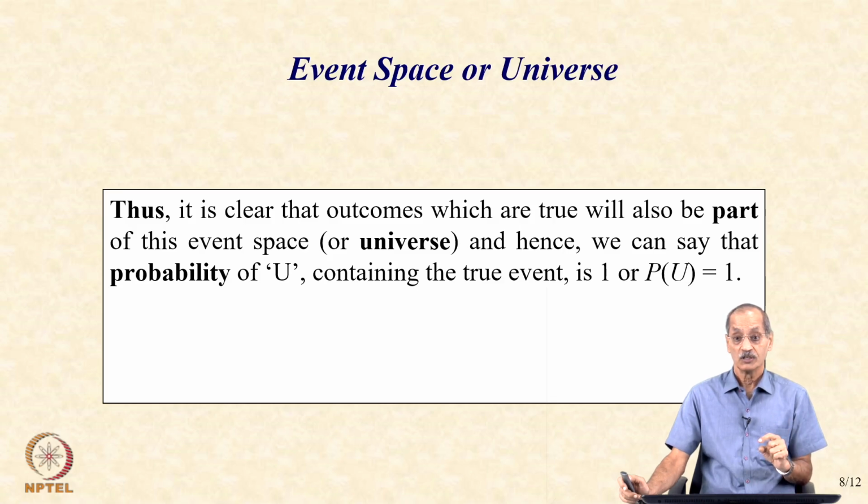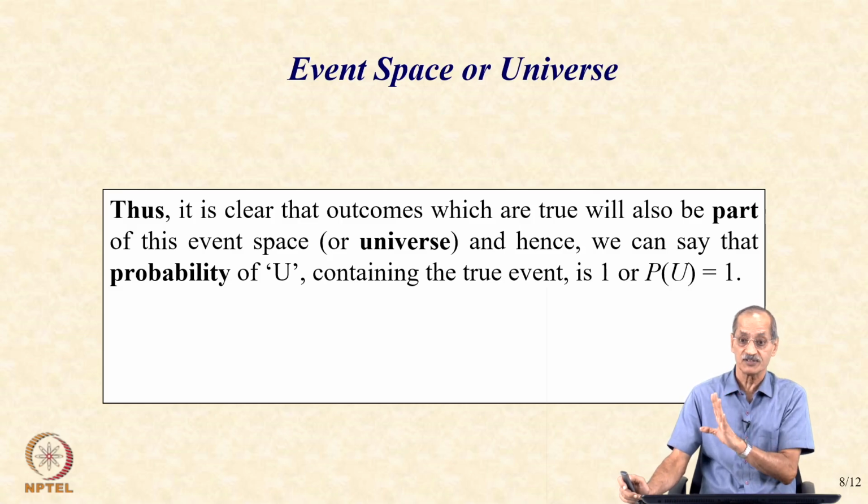So, if I look at the set of all these events or outcomes, the probability of U containing the true event is 1, which means no matter what, I can guarantee that the actual event or outcome is also part of U. It is only a question of my finding it out.